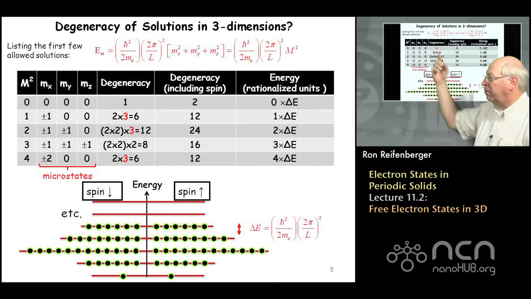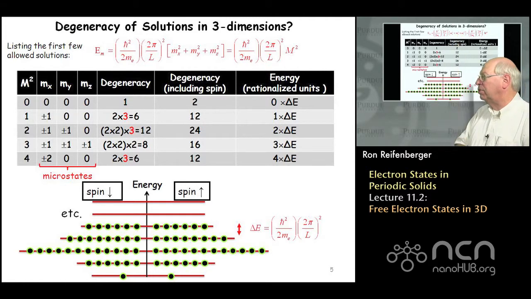But if you understood what I said in the previous slide, then you'll understand that this is the expression for the energies. This expression is subscripted by the index m, which symbolically represents the specific values of mx, my, and mz.